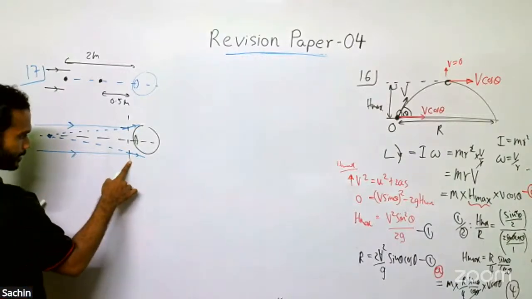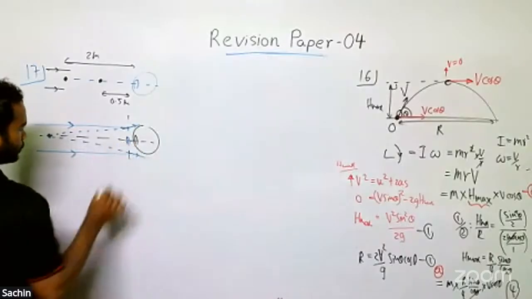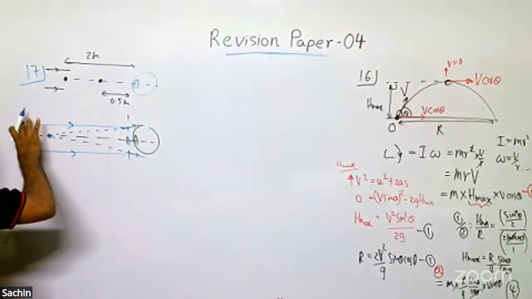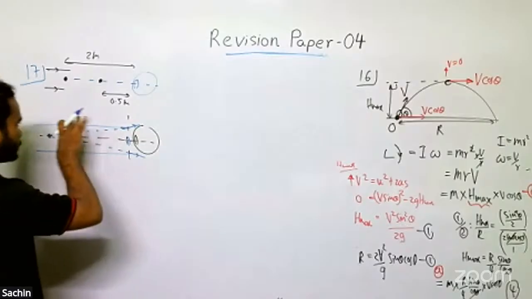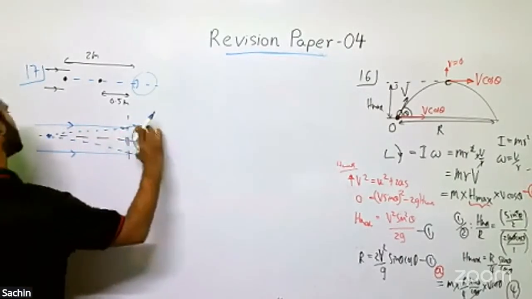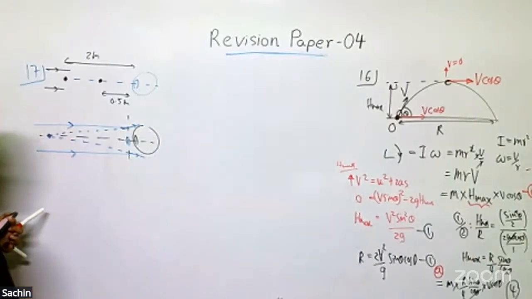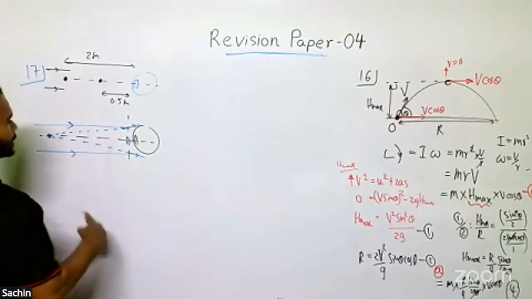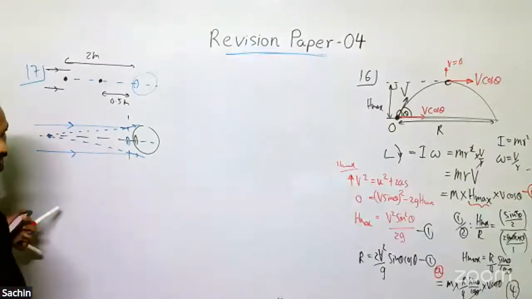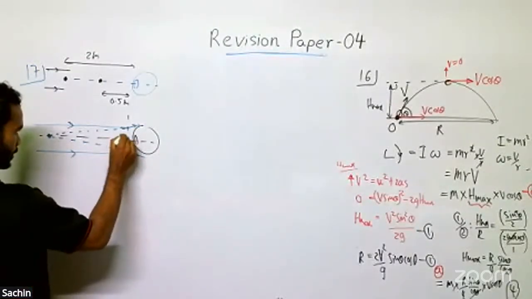This lens corrects the vision. The purpose of this lens is to put the light rays coming from infinity such that they appear to come from the far point of this person. So obviously this lens should be a concave lens, right?